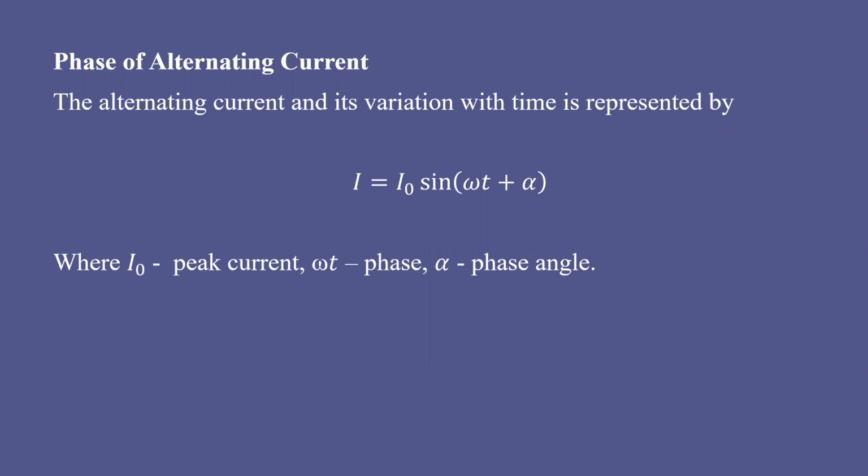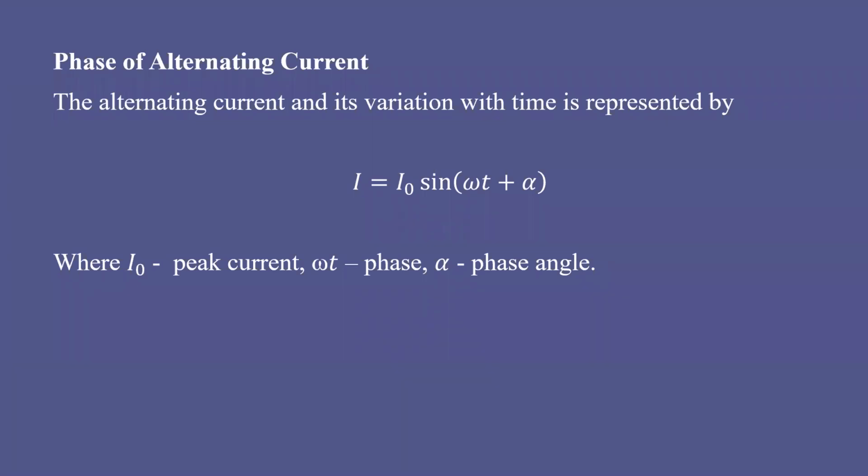In this equation, I naught is the peak current, omega t is called the phase, and alpha is called the phase angle. So here the total phase of the AC is omega t plus alpha. Basically, the angle appearing in the sinusoidal function is called the phase of AC.